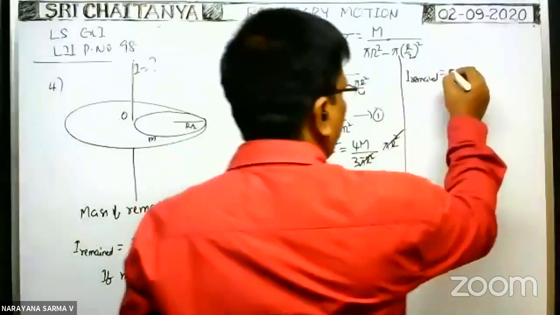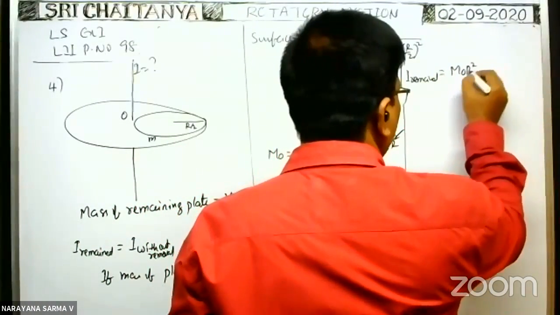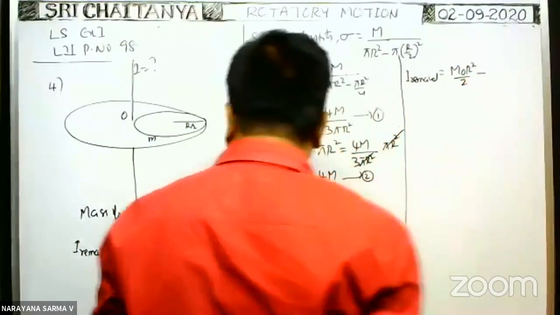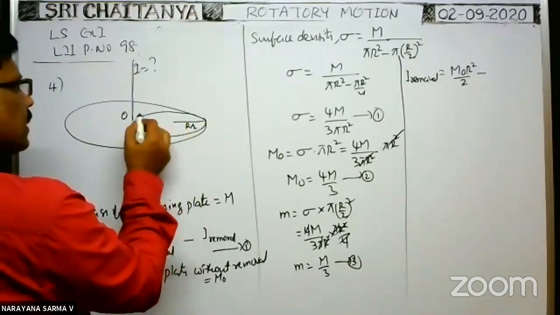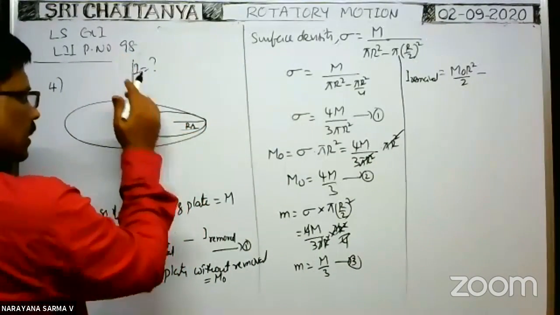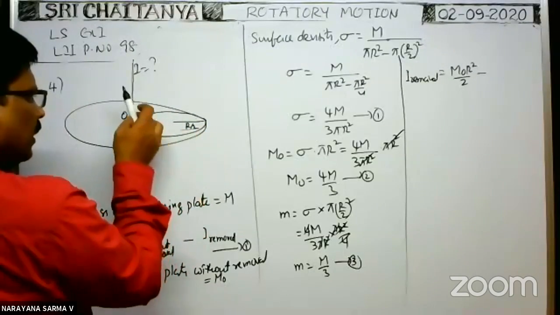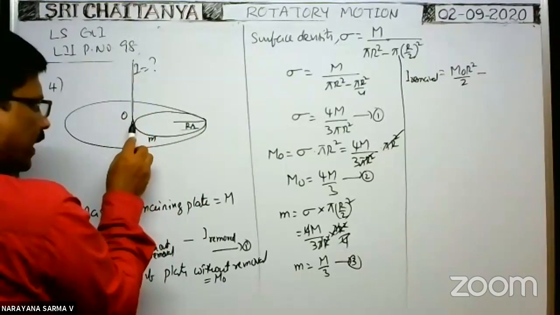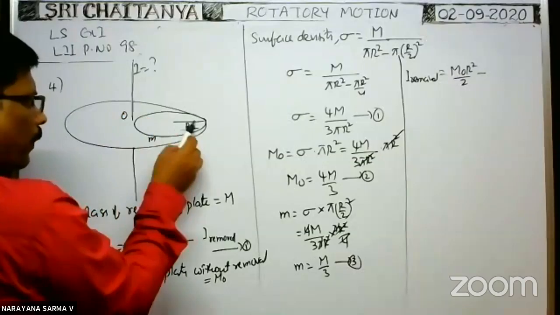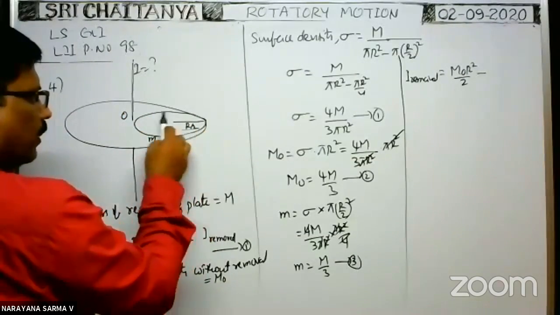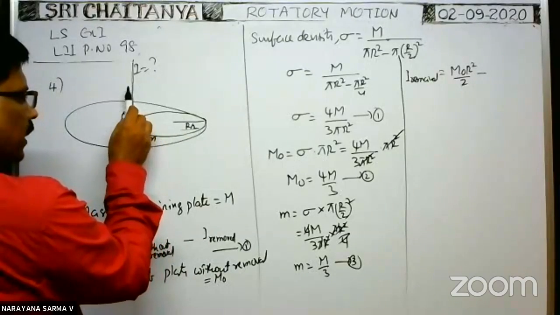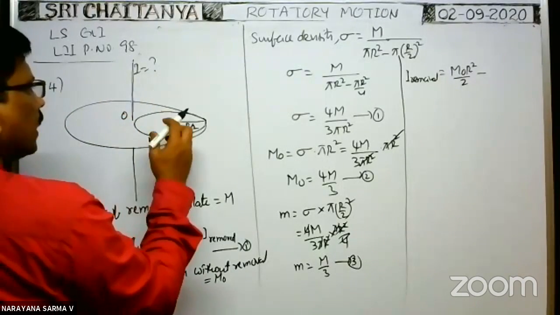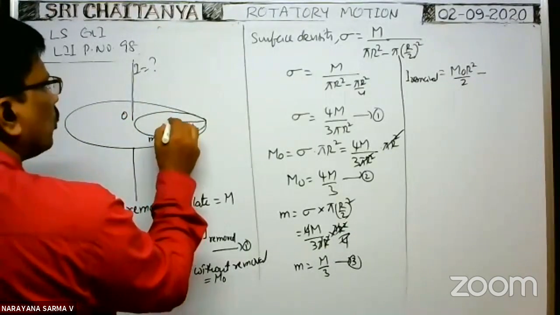That means M naught into radius square by 2 minus the moment of inertia of the removed part. For this removed part about the same axis, this is the axis passing through one edge. That means it is a tangential axis perpendicular to the plane of the plate. Moment of inertia about this axis we have to find, parallel to the axis passing through the center of mass of this removed part.